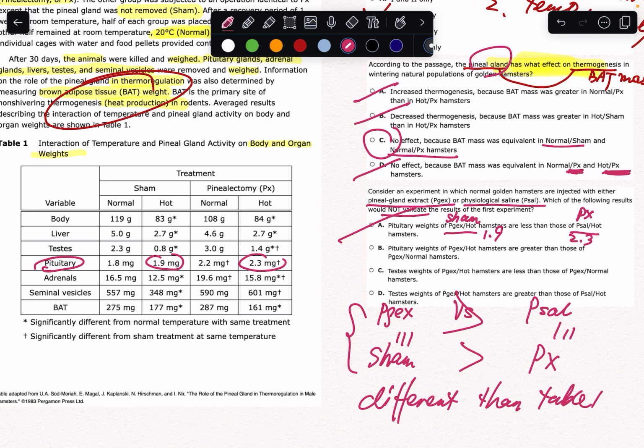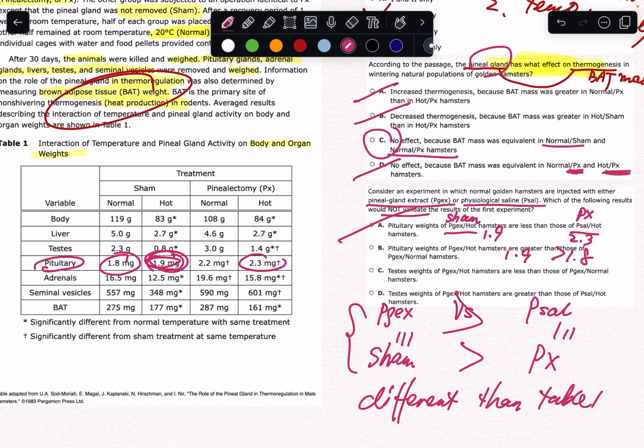B: pituitary weights of sham hot hamsters are greater than those of sham normal. Sham hot pituitary is once again 1.9, compared with sham normal. Is it greater? Yeah, a little bit. It's not significantly greater, but 1.9 is greater than 1.8.